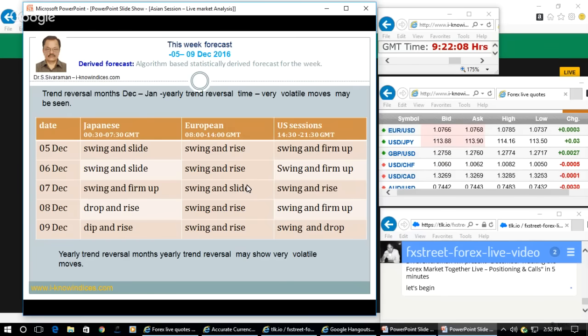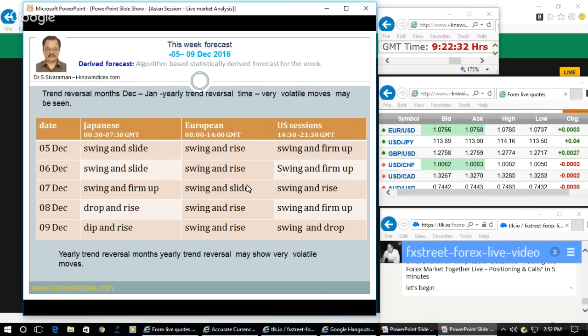The other type of analysis may not work. But we do not know from now what sort of analysis is going to work for the next 15 days. Then they guess. So invariably, many traders go in with a gut feel, thinking that they will take a buy and earn money out of that.